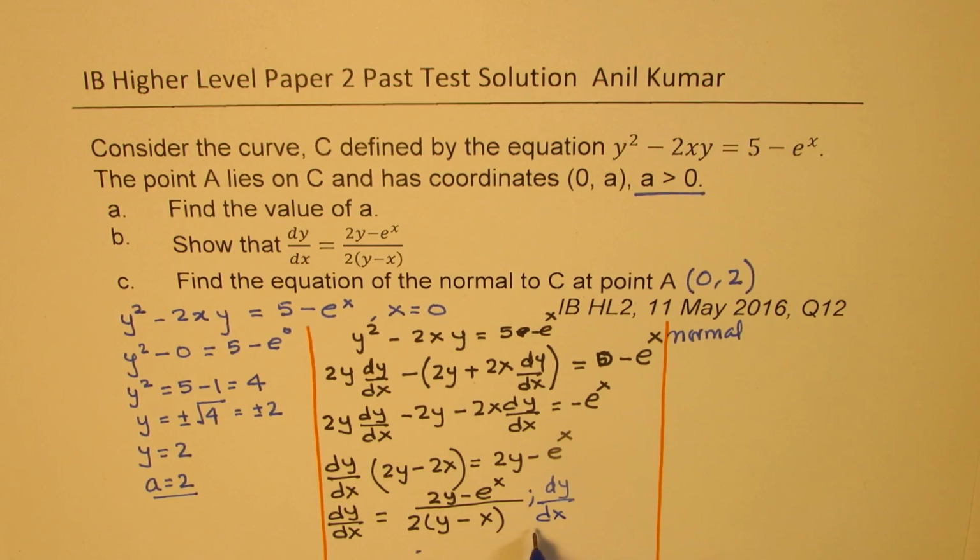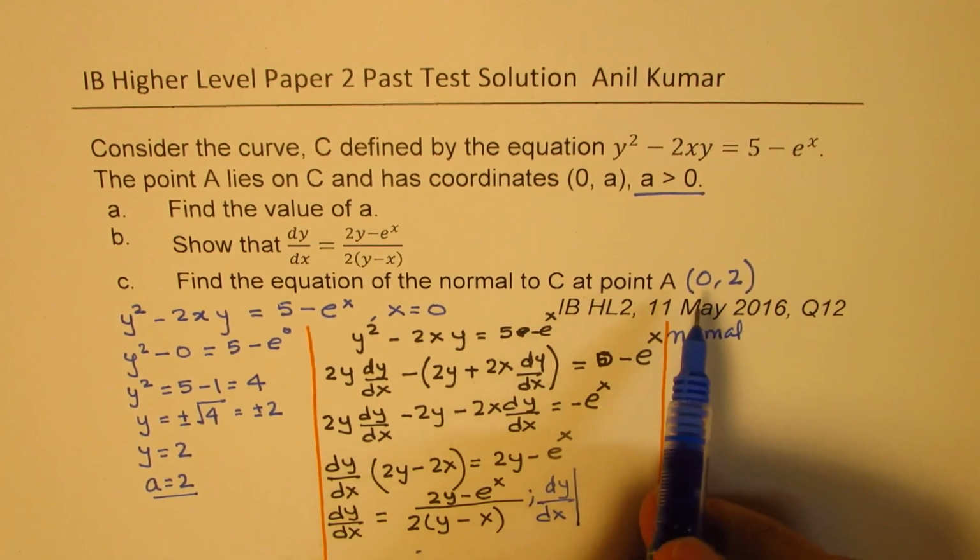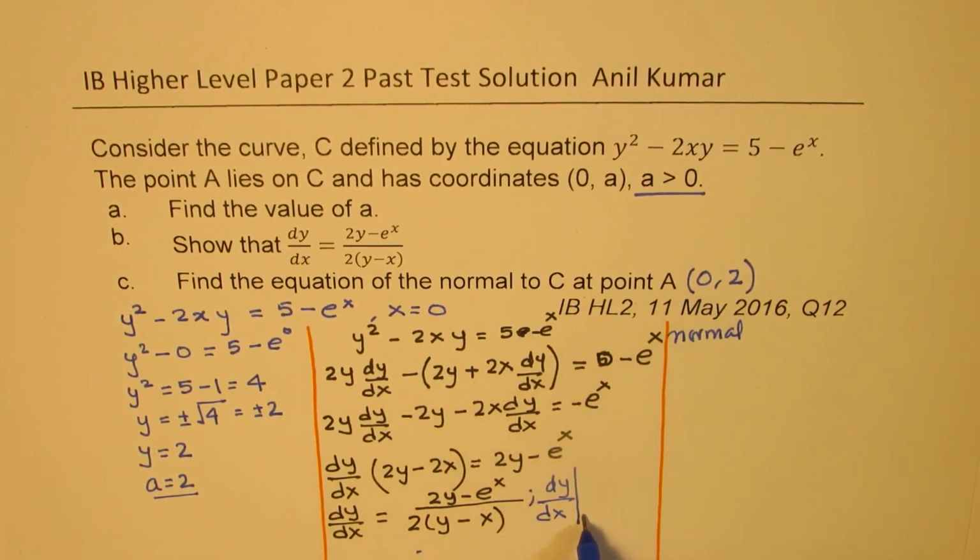Let me write here dy/dx at point A, that is when x equals 0 and y equals 2. So what is that derivative? We should find this, right?